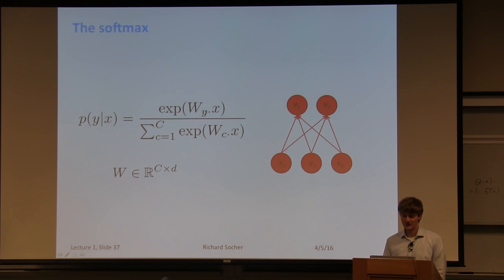We have our exponent here, and this notation W_y dot will basically mean that we take the yth row of our matrix W. So if we have C classes, we'll have C rows and D columns. Because the row is already a row vector, we're not going to write the transpose here. And then we normalize this over all our classes so that overall our probabilities for all the classes y will sum to 1.